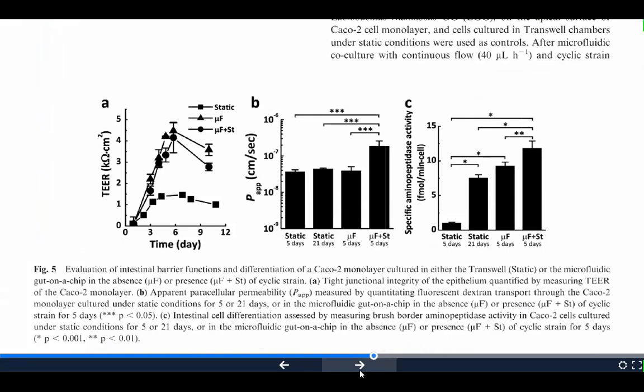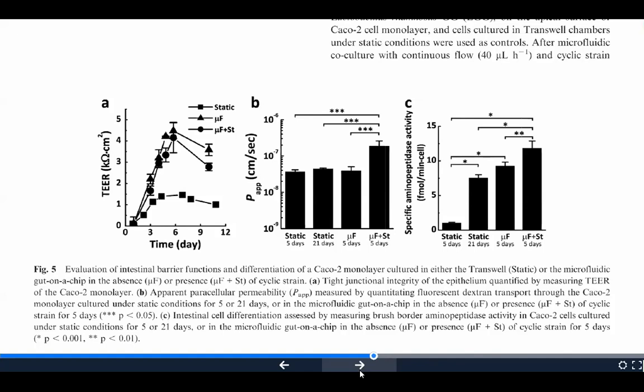And as you can see, as time goes on and the cells are cultured and grown in these three groups, static, microfluidic, and microfluidic plus mechanical strain, in all of these groups the TER has increased up to a level, but this maximum amount is higher in the microfluidic groups.